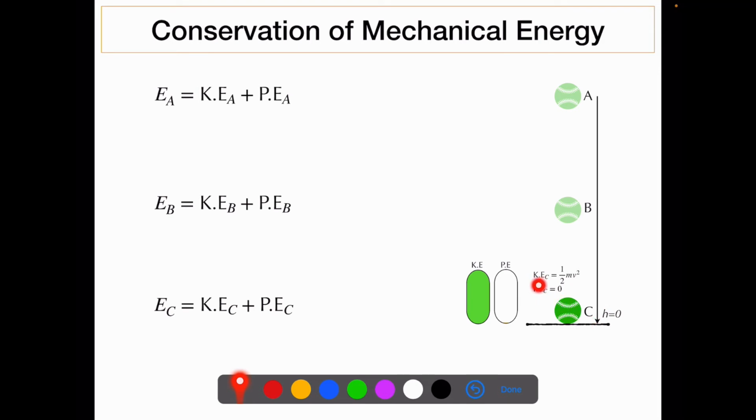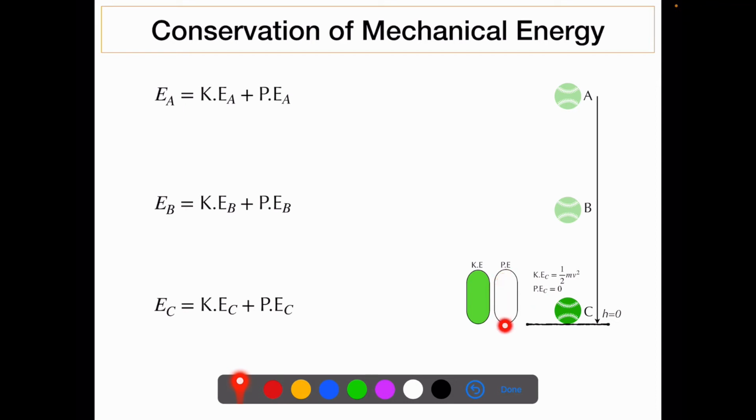So the kinetic energy at point C is equal to half mv square as before, and the potential energy at this point C is 0 because mgh and h is 0. Therefore the potential energy at point C will be equal to 0.